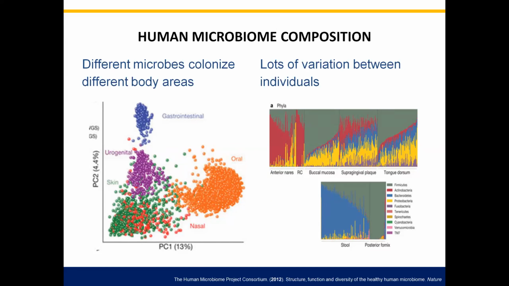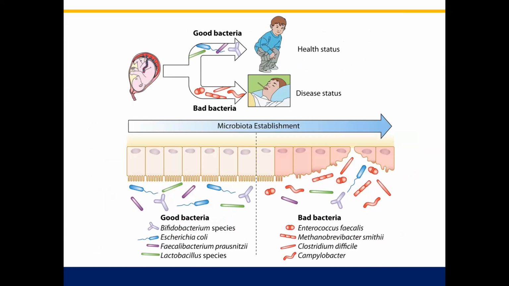This is another example where we can see that when the baby is born, if the baby acquires good bacteria, the health status will be very good, whereas if the baby acquires bad bacteria, there will be a disease status.